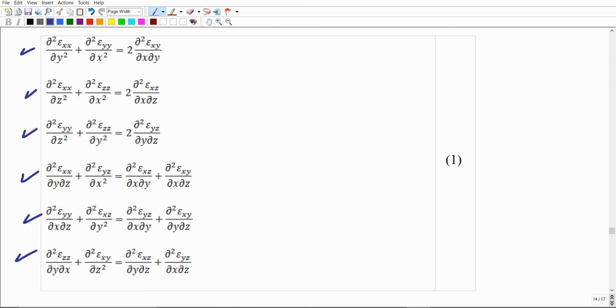All of these equations are commonly known as the compatibility equations, like the second derivative of epsilon xx with respect to y squared plus the second derivative of epsilon yy with respect to x squared should equal double the second partial derivative of epsilon xy with respect to x and y. In addition, epsilon xx and epsilon zz should be related to epsilon xz.